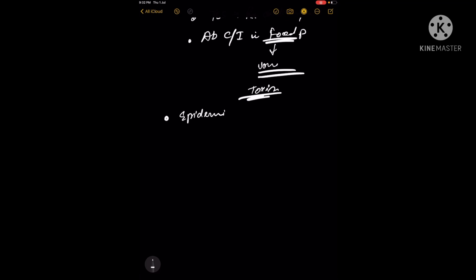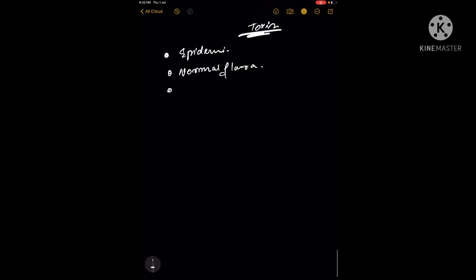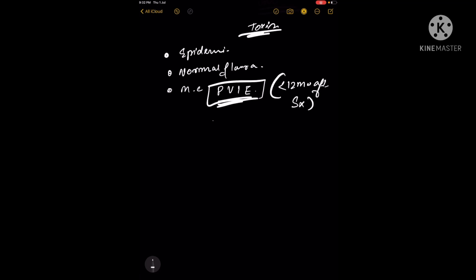Epidermidis is part of the normal flora in the skin, particularly the nose. Epidermidis is the most common cause of prosthetic valve infective endocarditis, most commonly in less than 12 months after the surgery.